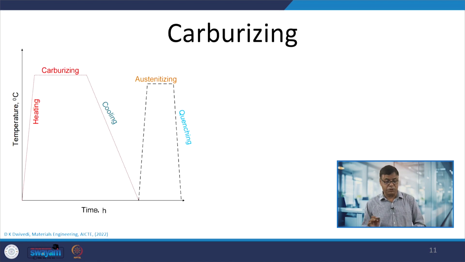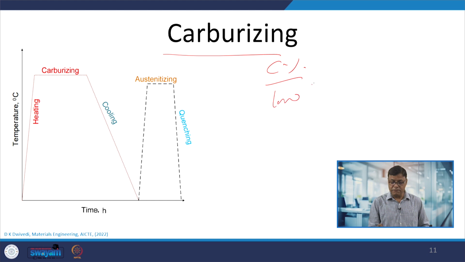This is the approach. Carburizing and nitriding are the two most common surface modification approaches, where in carburizing, carbon content is enriched in low carbon steel components having, say, carbon less than 0.2%.